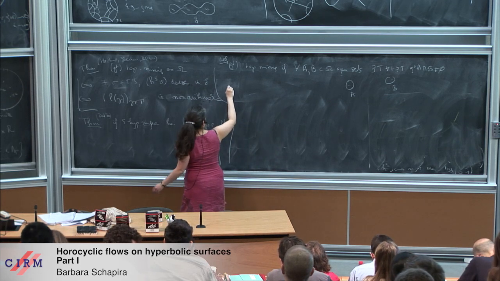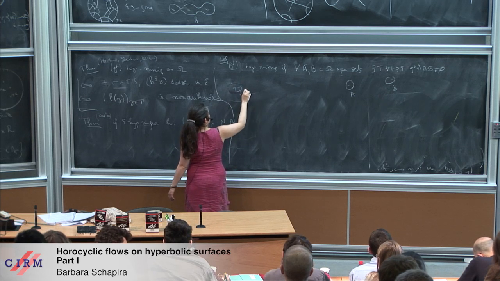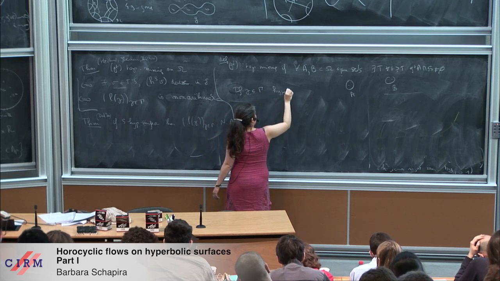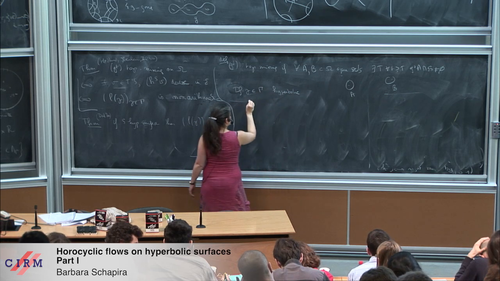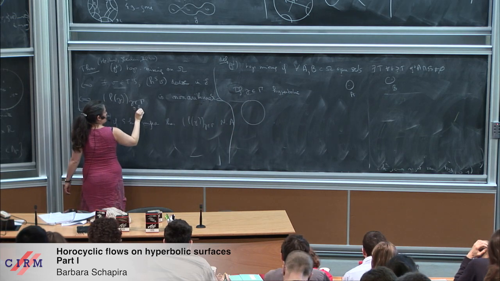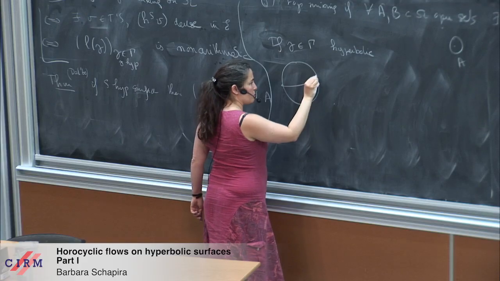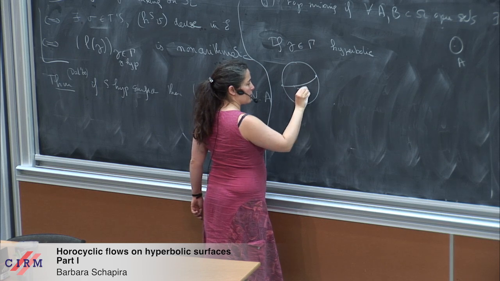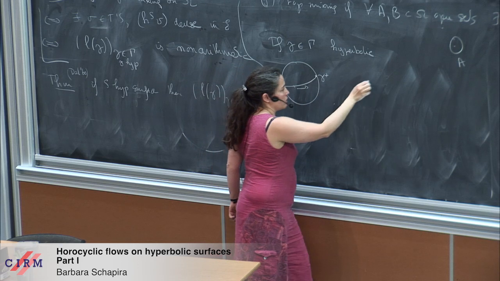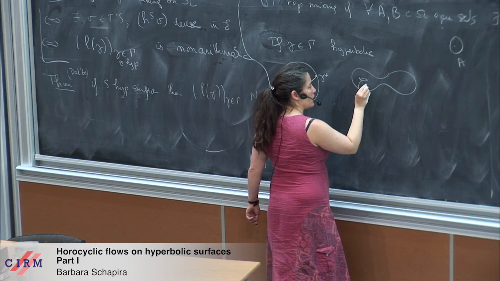And what is the length spectrum? If gamma is an element of the group which is hyperbolic, it has two fixed points on the boundary, and it acts by translation on the geodesic joining gamma minus and gamma plus, so it induces on the quotient a periodic geodesic.